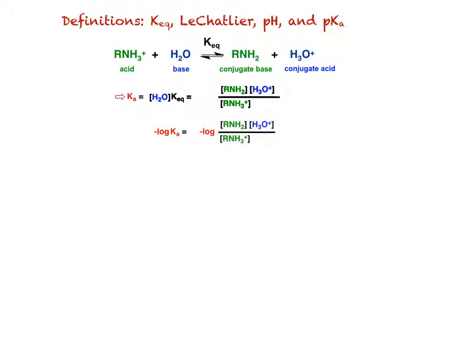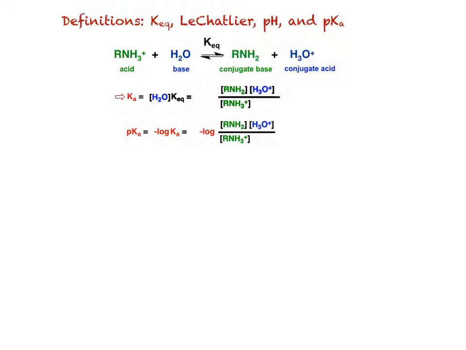We could take the negative log of Ka and the negative log of what's on the right-hand side of the equation, and the negative log of Ka we're going to call the pKa. So this is the definition: the negative log of the Ka is the pKa.